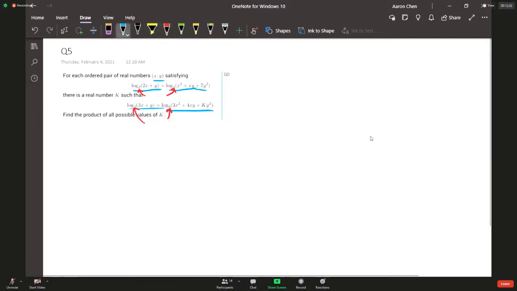And so, first of all, we can use the fact that log base a to the power of n of b to the n is just equal to log base a of b.